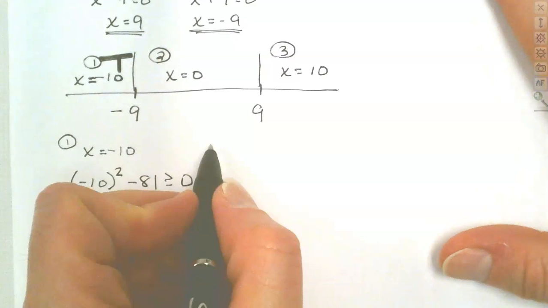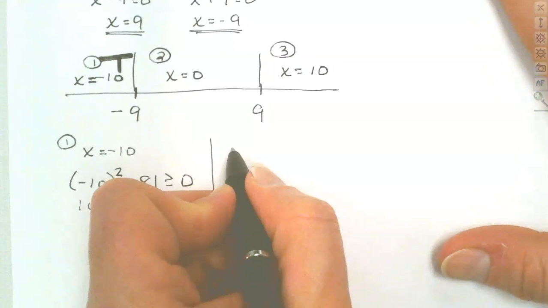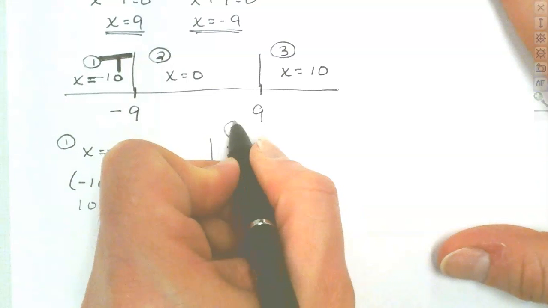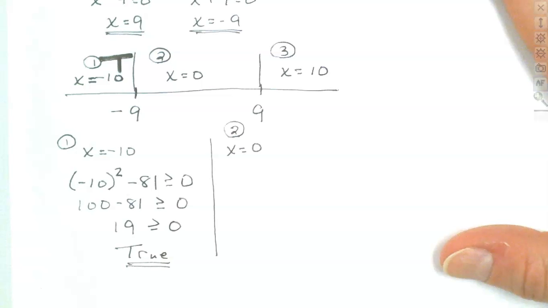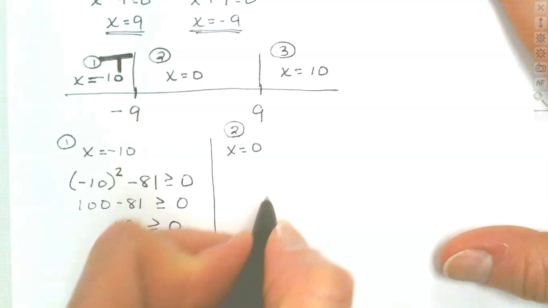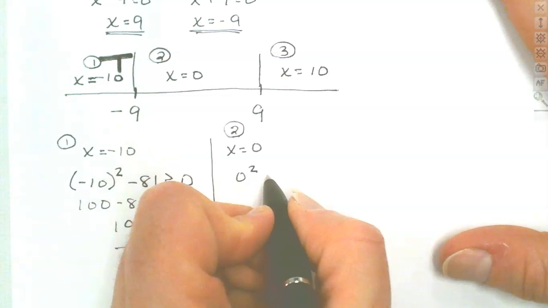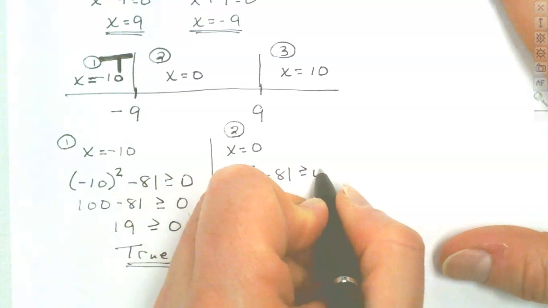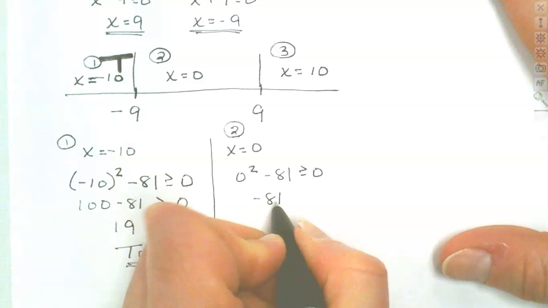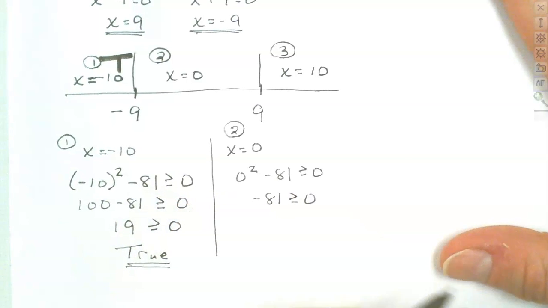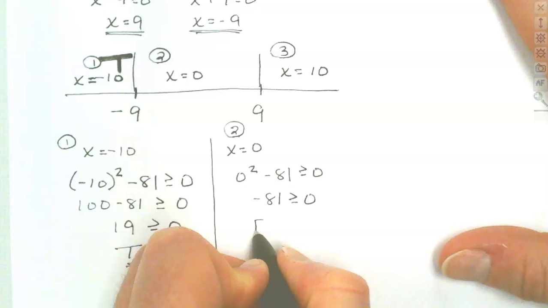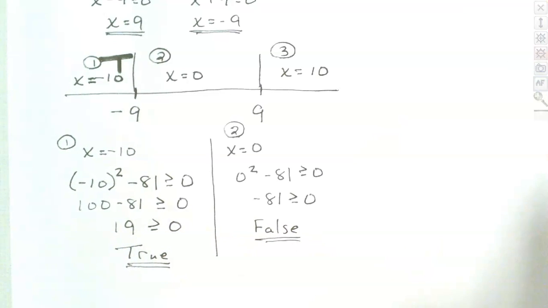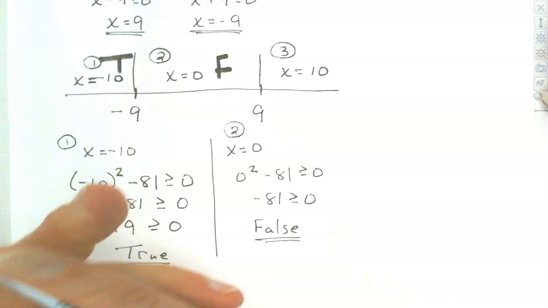The second region, we're going to check x equals 0. This is region 2. And when I plug in that 0, I've got 0 squared minus 81 greater than or equal to 0. Well, is negative 81 larger than 0? No, that's going to be false. So that middle region is false.